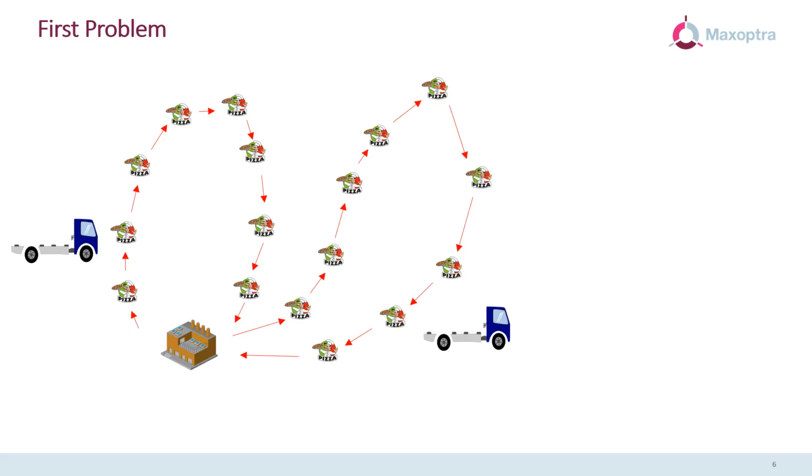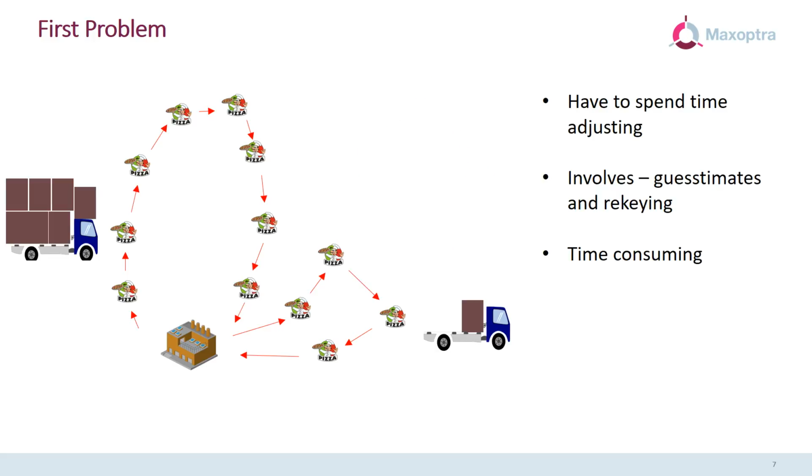First problem is when route imbalance occurs, a situation where for some reason in one route lots of customers have ordered lots of product, whereas on the other route few customers have ordered, and so I've got one vehicle which is overloaded. It's probably going to be out for 15 hours if I let it go like that, whereas this vehicle, it's only a third full and probably maybe only out for 2 or 3 hours.